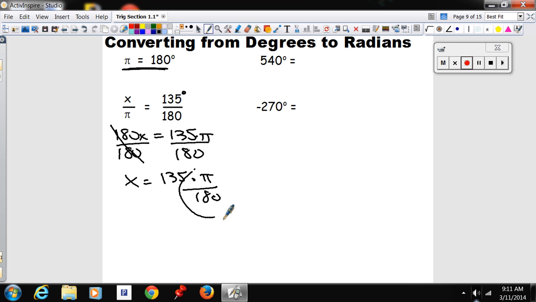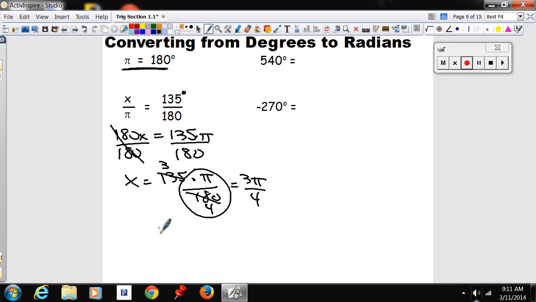This right here is your little conversion factor that we use. We basically want to see how many 135s can go into 180, or can I reduce that? And the answer is yes on this one. You could actually divide them both by 45 and get 3/4. So this answer would be 3 pi over 4 radians.